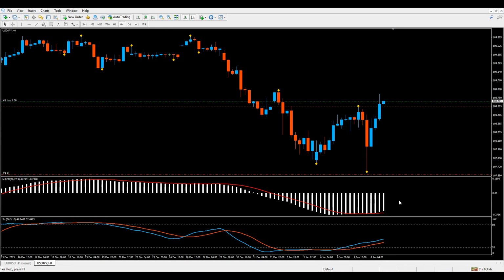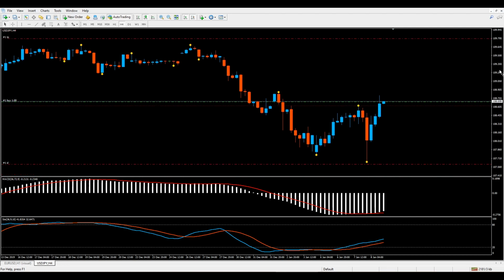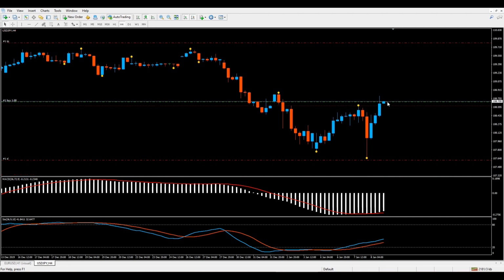So all indicators were in alignment. Entered the trade above the swing high at the close of that candle, and I've also set my stop loss below the most recent swing low point, and my take profit I've set at a 1-to-1 risk reward ratio.